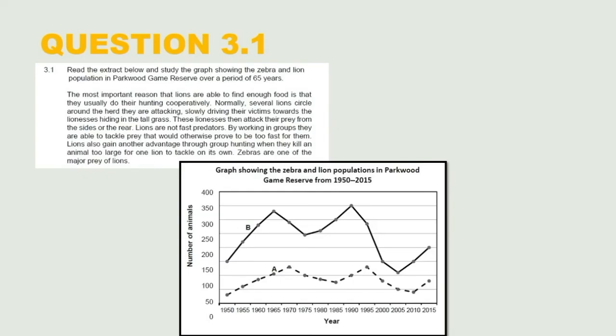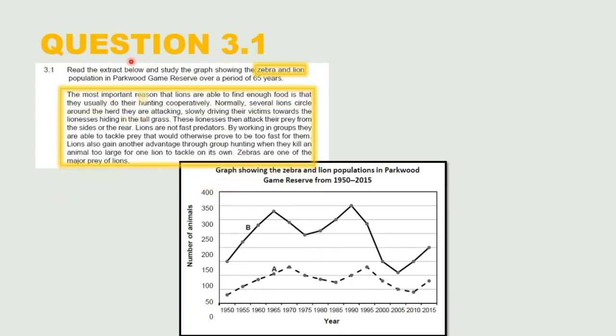This is the last question of our question paper, which is a total of 50 out of the 150 marks. In this extract, they say read the extract below and study the graph of the zebra and lion population in Parkwood Game Reserve over a period of 65 years.